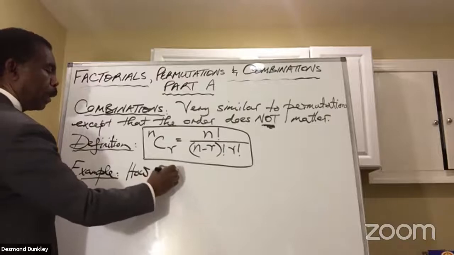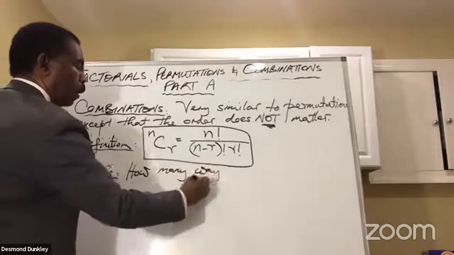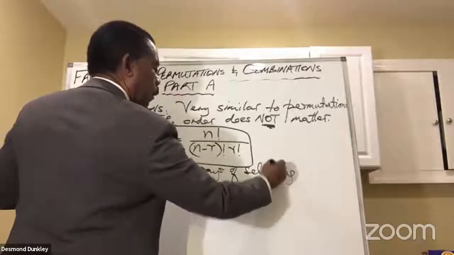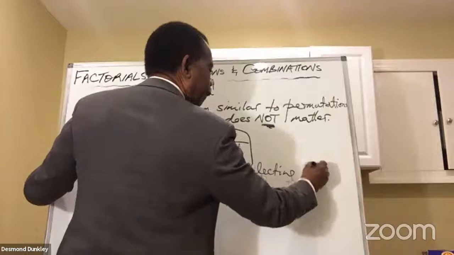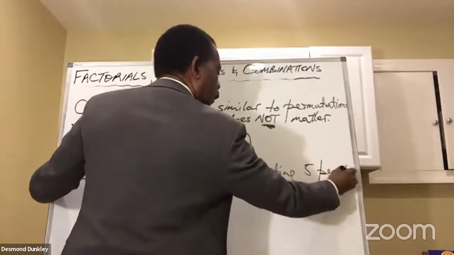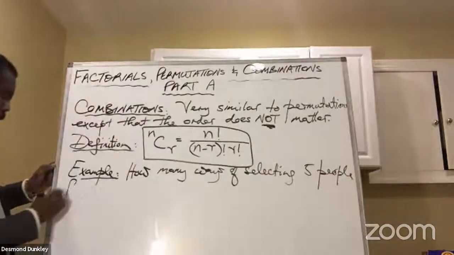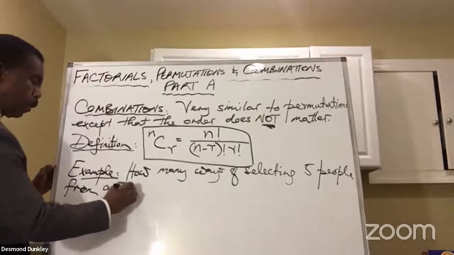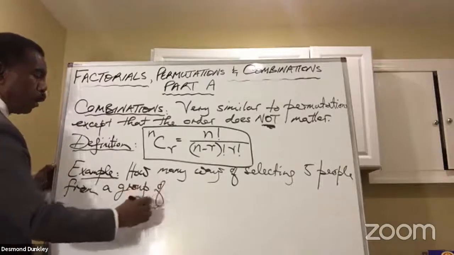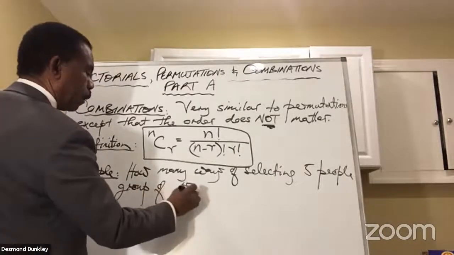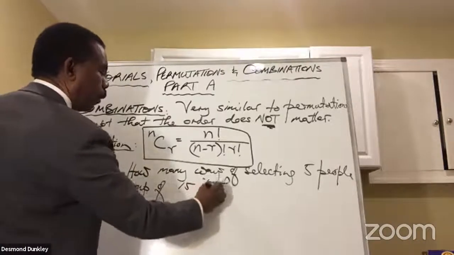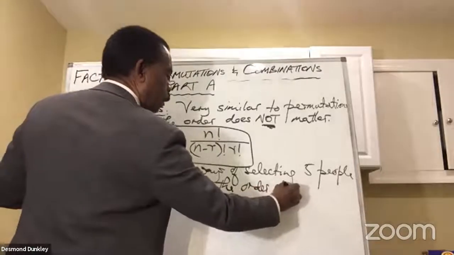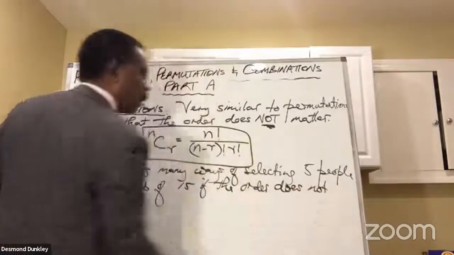Okay, so example. How many ways are there of selecting 5 people from a group of 15 if the order does not matter?